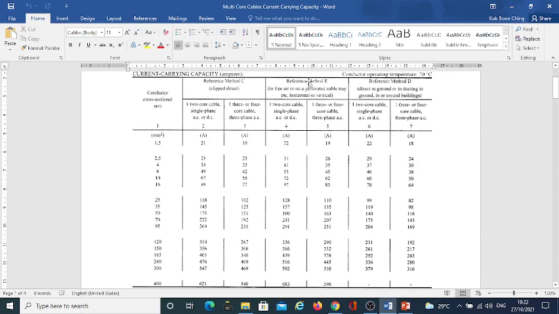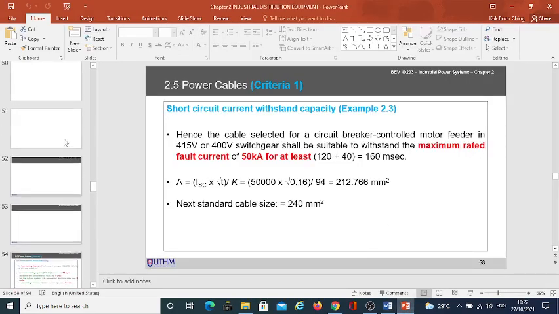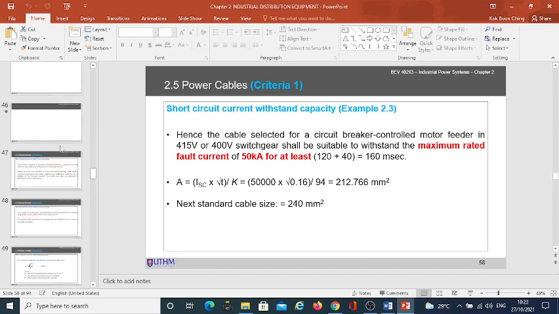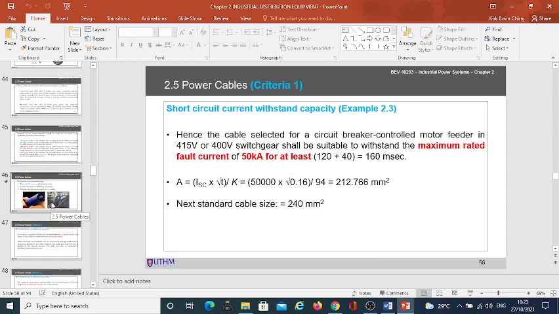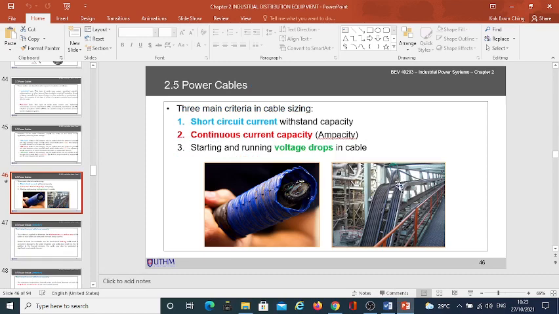The second method is method E, which is in free air or on a perforated cable tray, like I showed you previously, like this one.